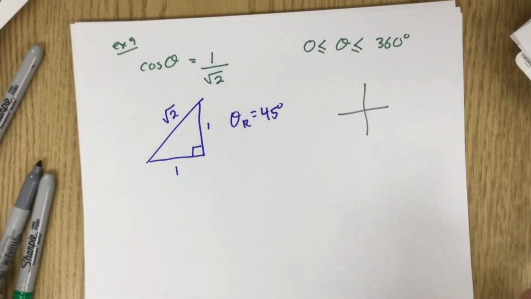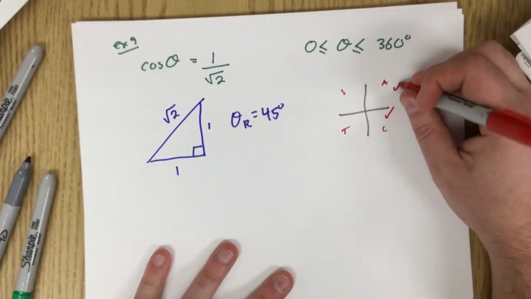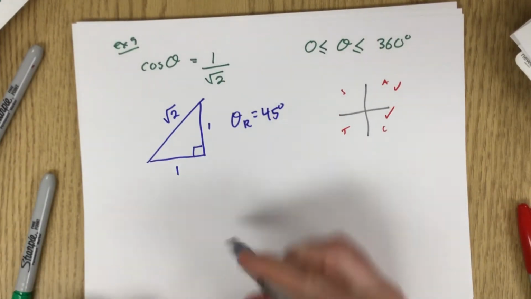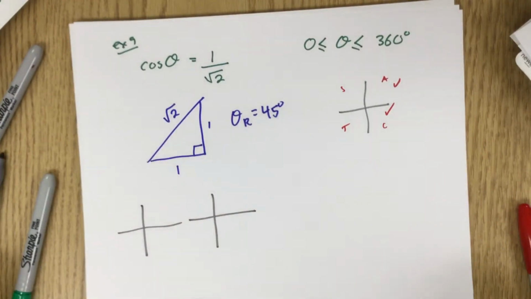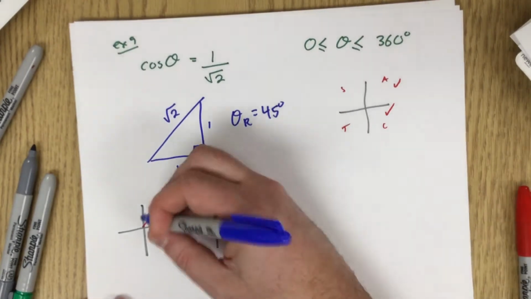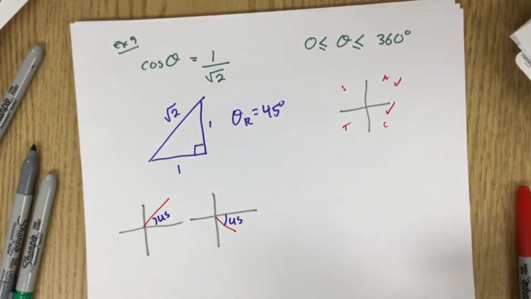Cosine is positive. Where is cosine positive? Cosine is positive in the first and the fourth quadrants. So we're going to have an answer in the first quadrant and the fourth quadrant. Our related acute angle is 45 and 45.